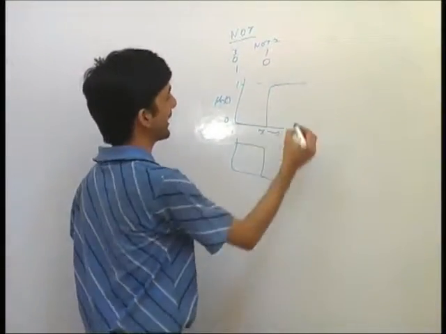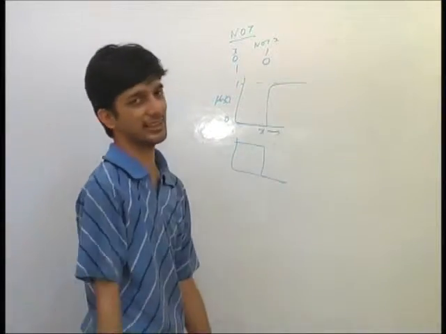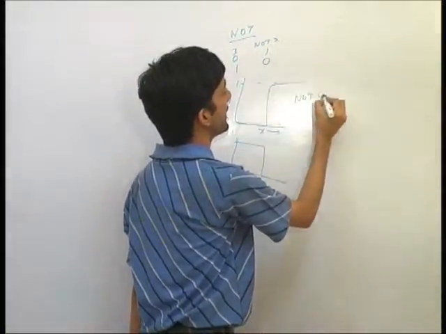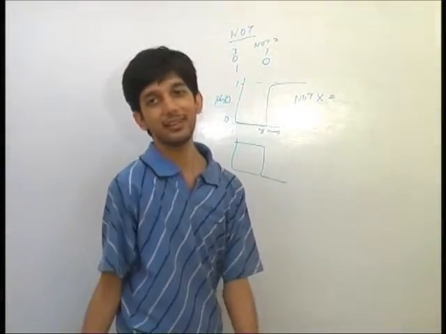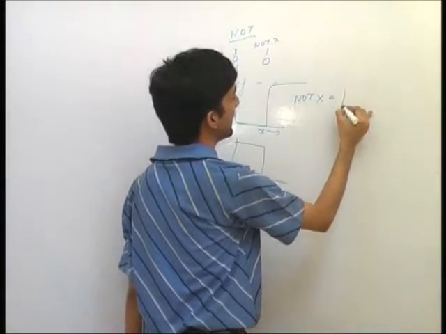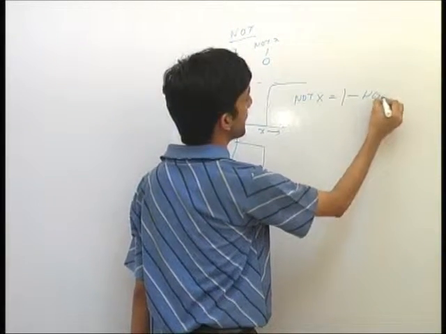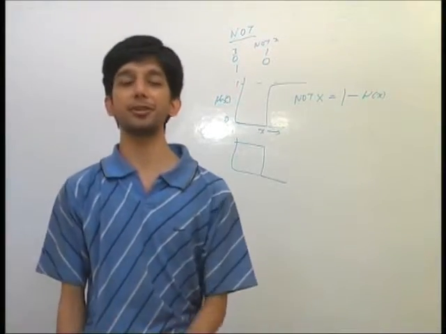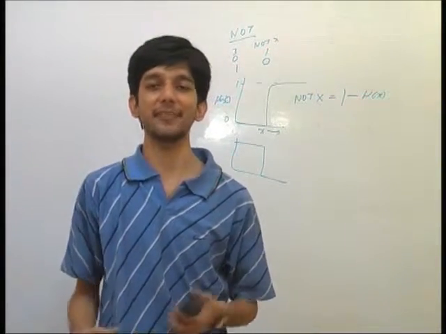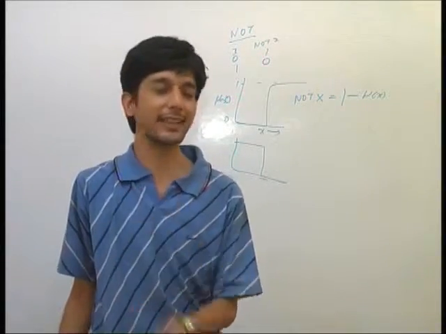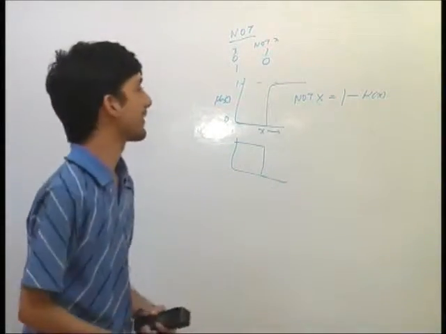The aim is that you only construct the counterparts of it. NOT of fuzzy x simply means that I take 1 minus mu x. A NOT of x would simply mean I take 1 minus x, and that is exactly what my equations are.